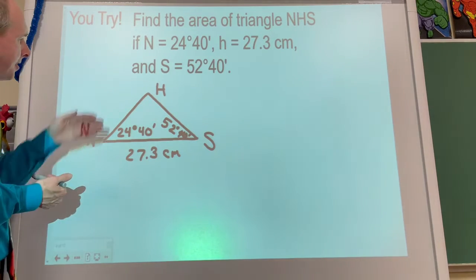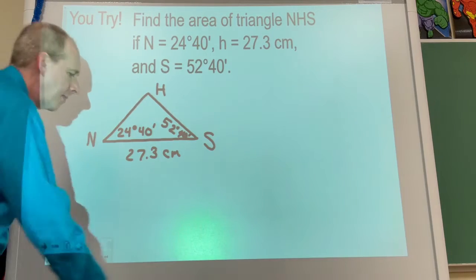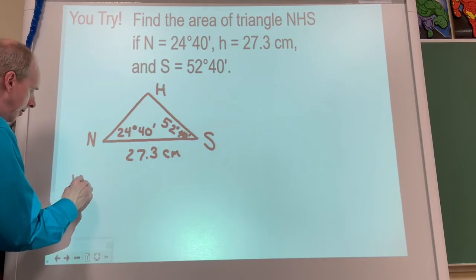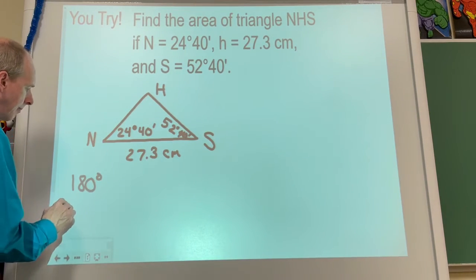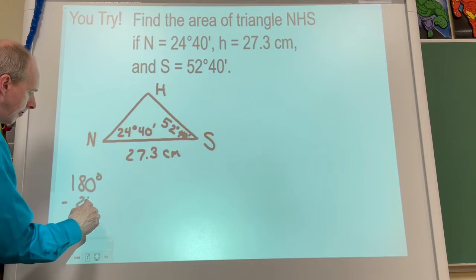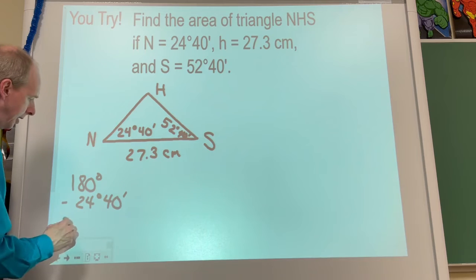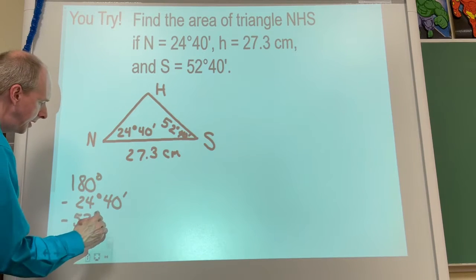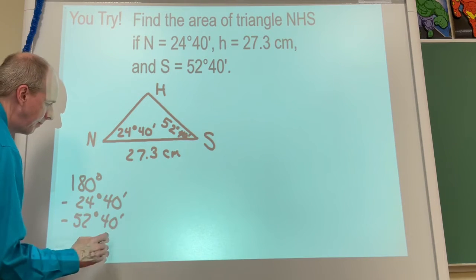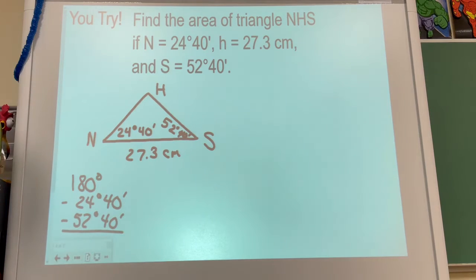How about I start by finding angle H. So angle H is 180 degrees minus 24 degrees, 40 minutes, minus 52 degrees, 40 minutes. Put that in your calculator.